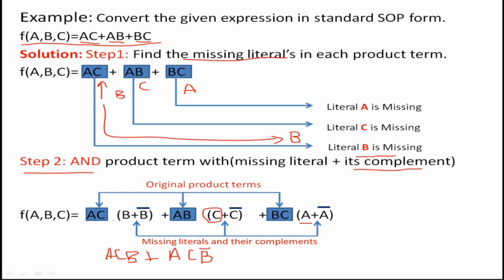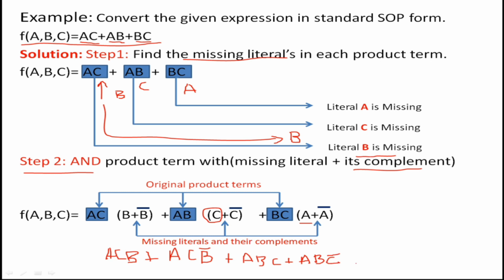So we are going to expand it and then we are going to reorder this term. Similarly, the next term, AB is the product term. We are going to multiply it with C. It is ABC plus AB is multiplied with its complement, that is A, B, C bar.